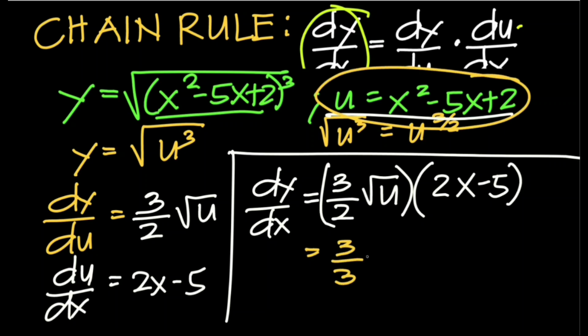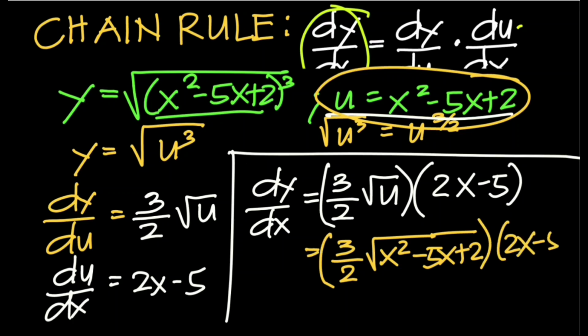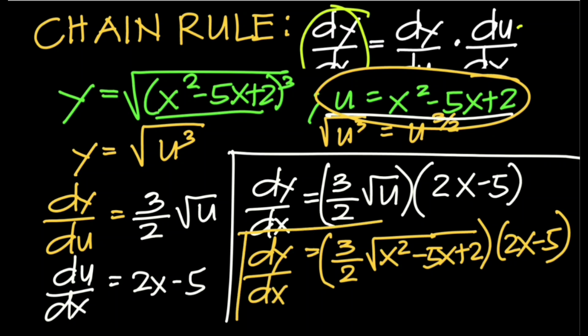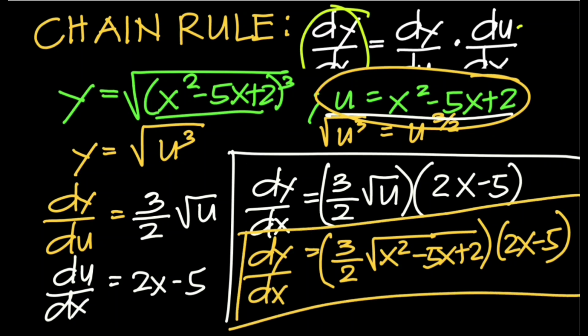So that is 3/2 square root of x squared minus 5x plus 2 times 2x minus 5. So this is our final answer. Therefore, the derivative of y equals the square root of x squared minus 5x plus 2 cubed is just equal to 3/2 times the square root of x squared minus 5x plus 2 times 2x minus 5.